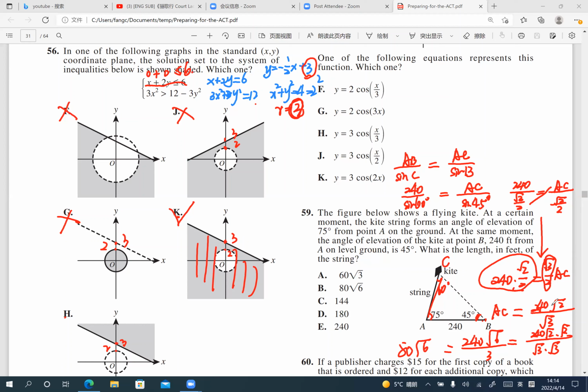So now we need to rationalize the denominator by multiplying by the square root of 3. So AC should be equal to 240 square root 2 times square root of 3 divided by square root of 3 times square root of 3, which is equal to 240 times square root of 6 divided by 3, which is 80 times the square root of 6. We should choose option B.